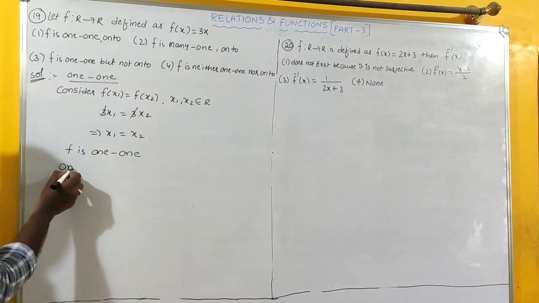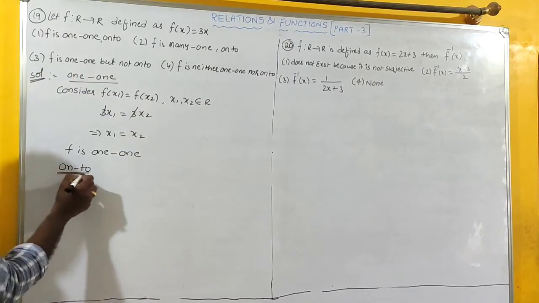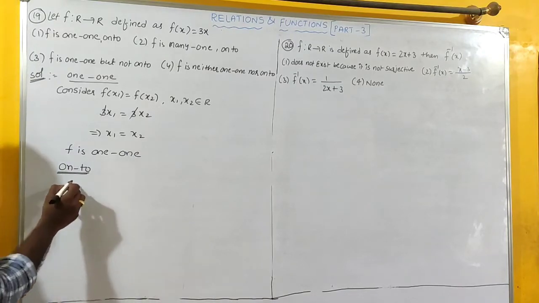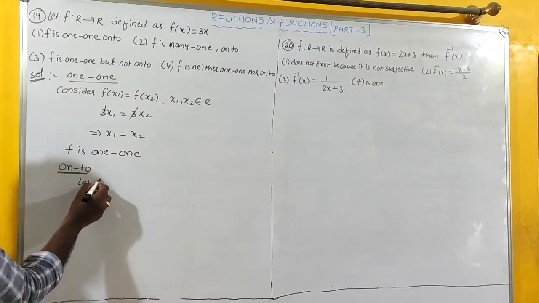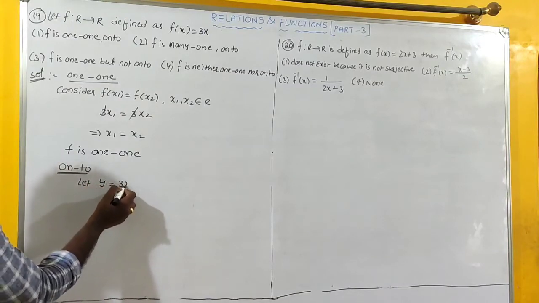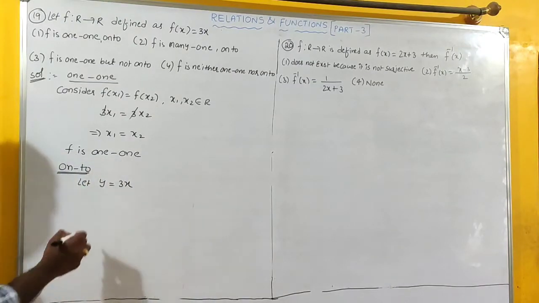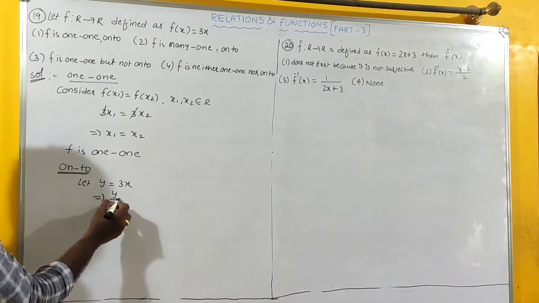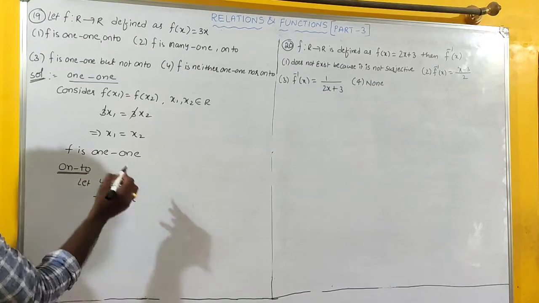Next, onto. Let y = 3x. That implies we can write y/3 = x.